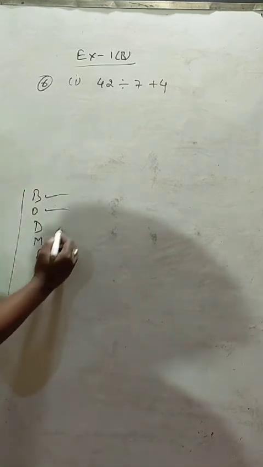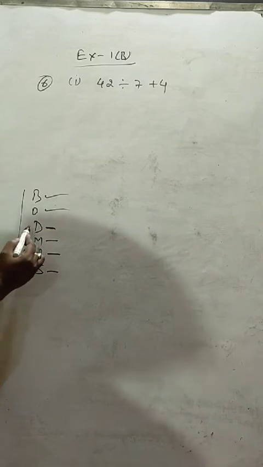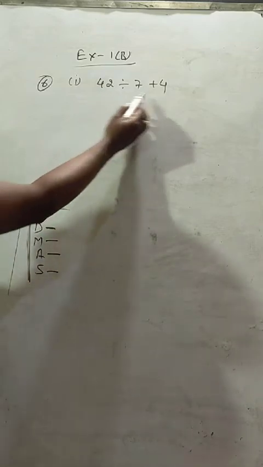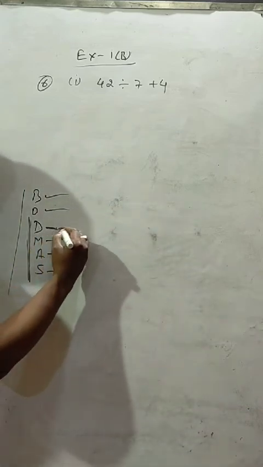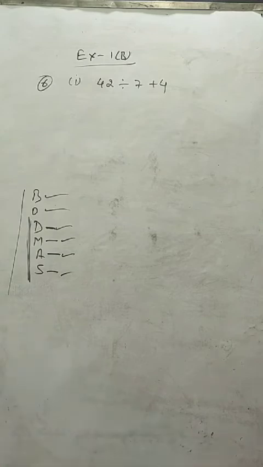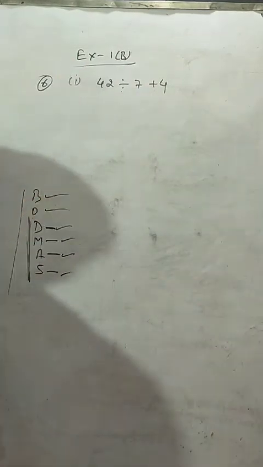This is bracket, of, division, multiplication, addition and subtraction. It means if these signs are present in the expression, we first do division, then multiplication, then addition, then subtraction. Okay.